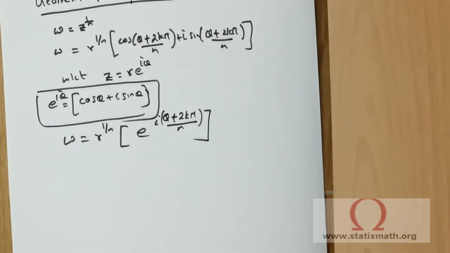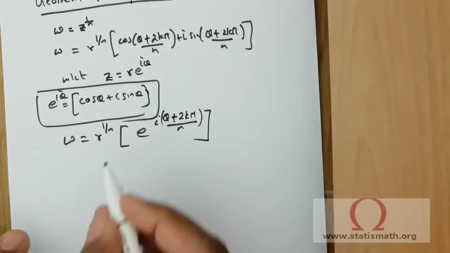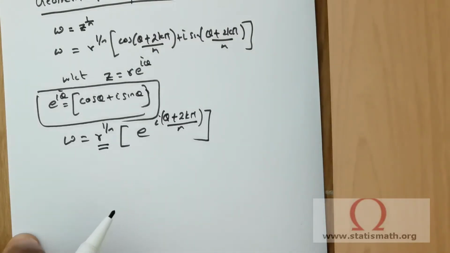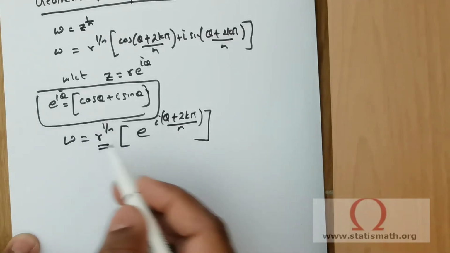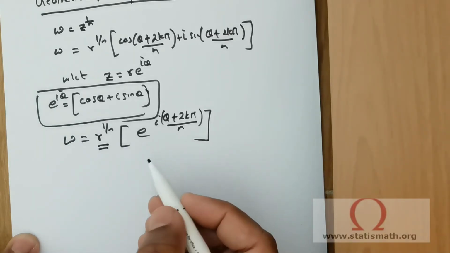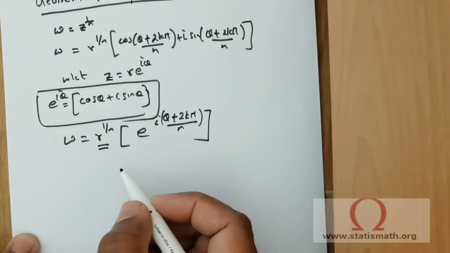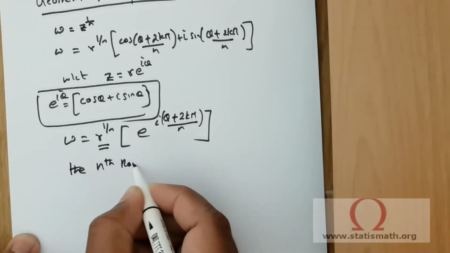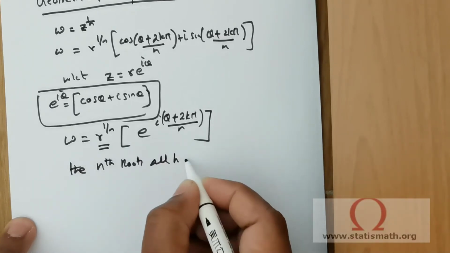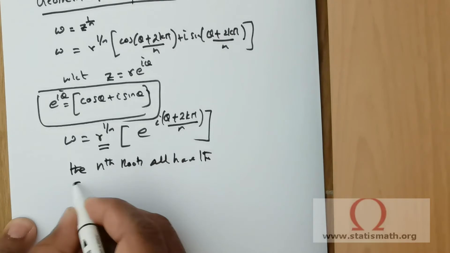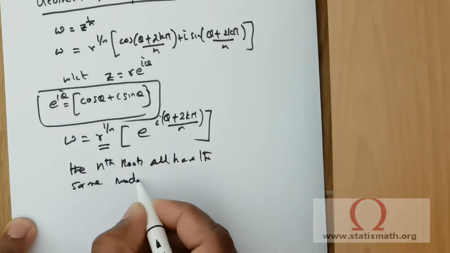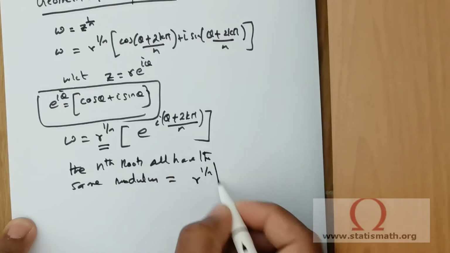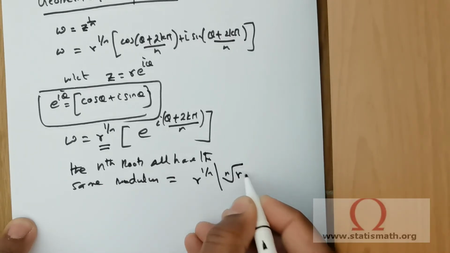Now you have to understand that the magnitude will always be the same for all of the nth roots, so there wouldn't be any change at all. So the nth roots all have the same modulus, and that is r raised to the power 1 over n. You can either write it like this or as the nth root of r.